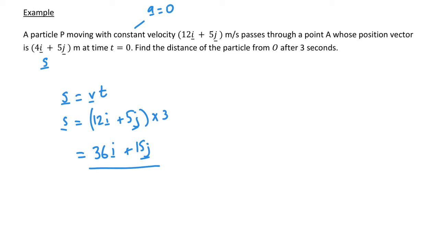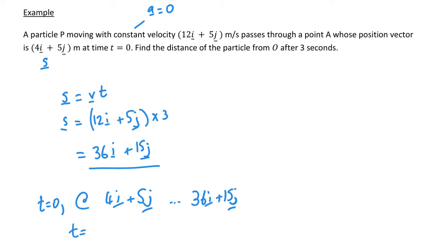So what we know is initially, at t equals 0, the particle was at 4i plus 5j, and then in the next 3 seconds it moved 36i plus 15j. So it didn't move to that point, it went along that distance from 4i plus 5j. So that means at t equals 3, the position of it was 40i plus 20j.